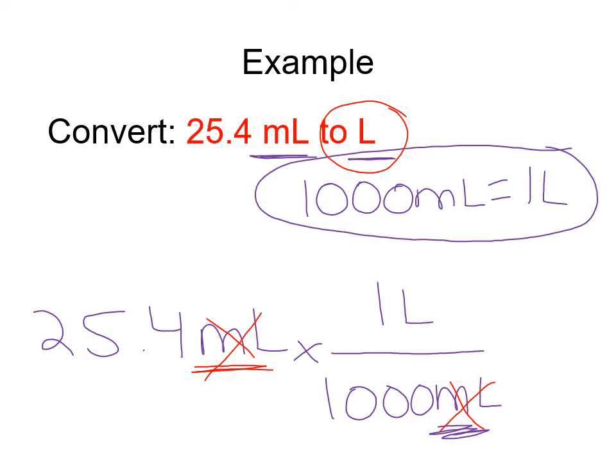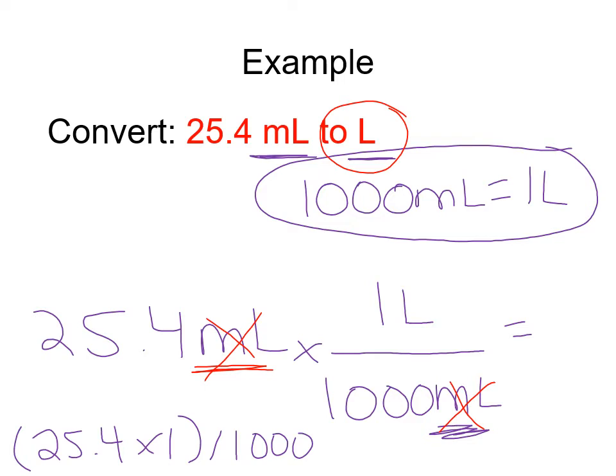And then to do the actual math in your calculator, you would type in open parentheses 25.4 times 1, close your parentheses, divided by 1,000. So we multiply the numbers across the top and divide it by what's at the bottom.